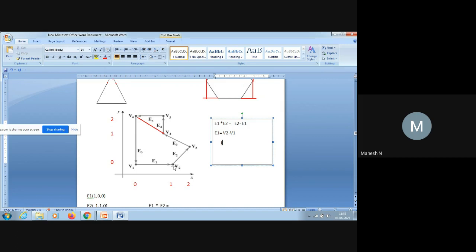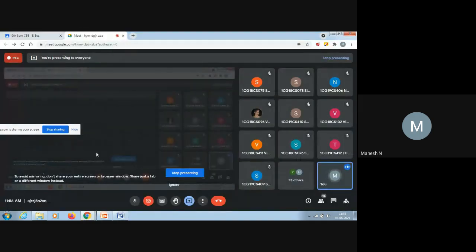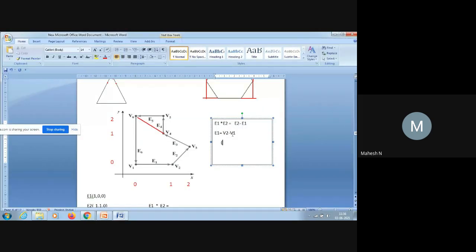What is the x coordinate value and the y coordinate value of V2? X coordinate is 1, y coordinate is 0.